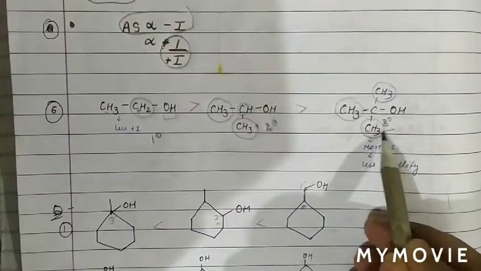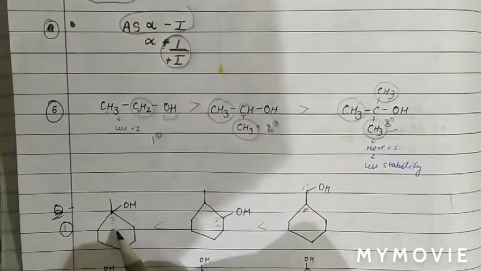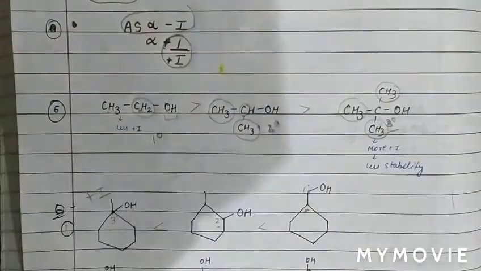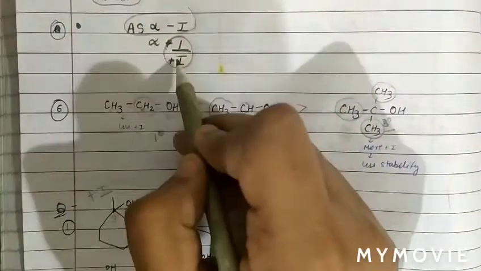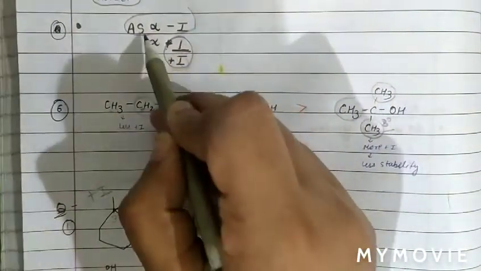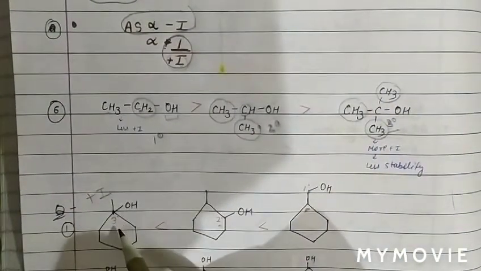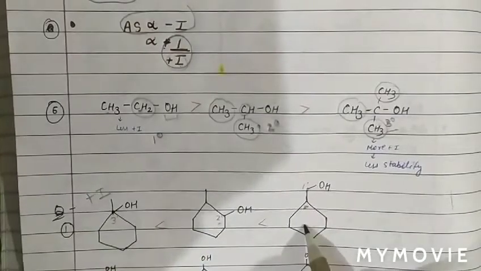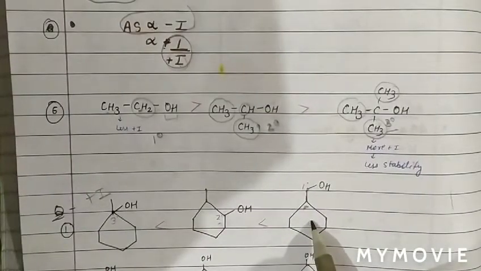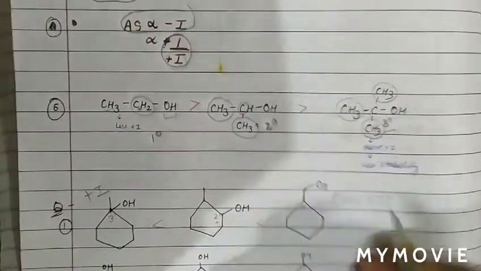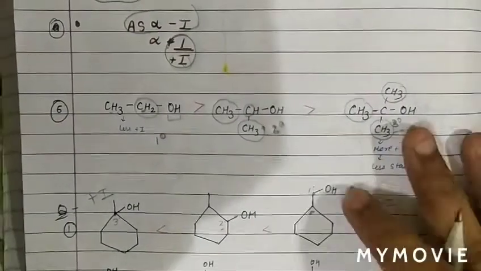More degree of carbon means more plus I, and acidic strength is inversely proportional to plus I. So 3 degree alcohol will have less acidic strength and 1 degree will have more acidic strength, because in 1 degree alcohol there is less plus I. Now see the next question.